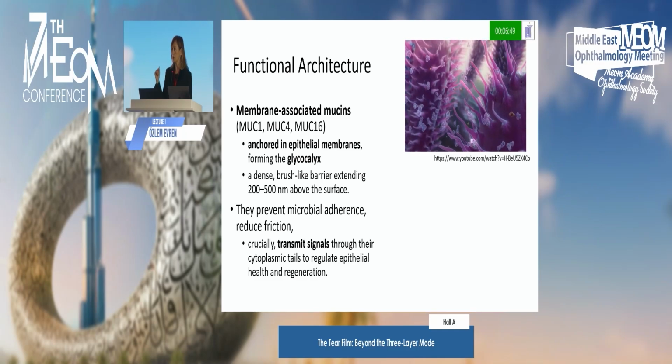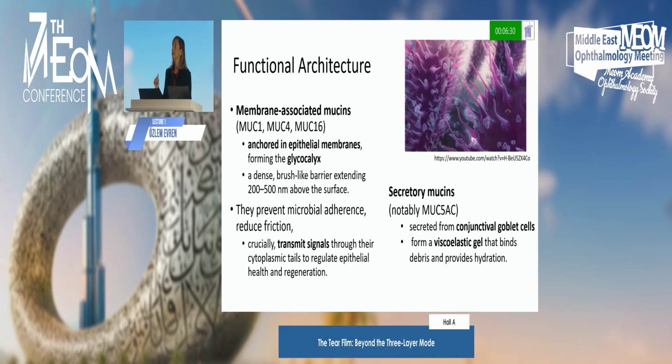So this is important. This is something new. They transmit signals, telling the cells that the surface is dry, there is bacteria on the surface, there is something abnormal. So this transduction is important, and this is a newly defined function of the membrane associated mucins.